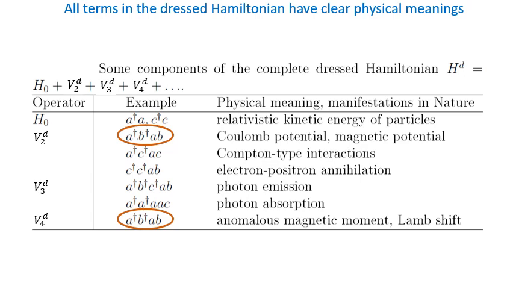Among many fourth-order interaction terms, we will pay special attention to the A dagger B dagger AB. This is a very small correction to the electron-positron interaction whose main part was described in the second order. Among other things, this term plays a role in the anomalous magnetic moment and in the positronium Lamb shift.